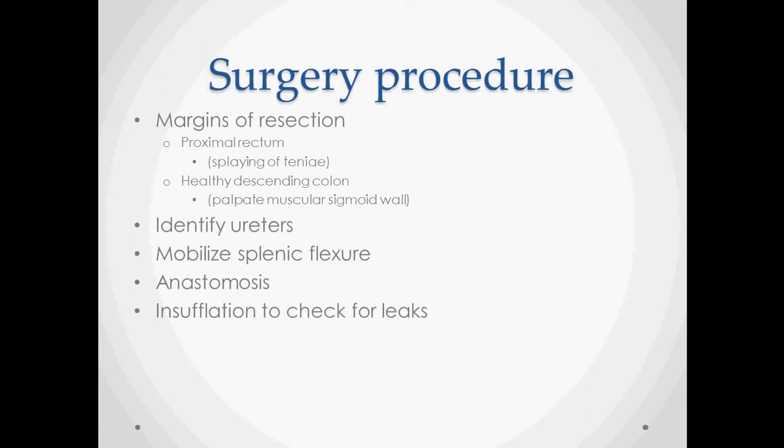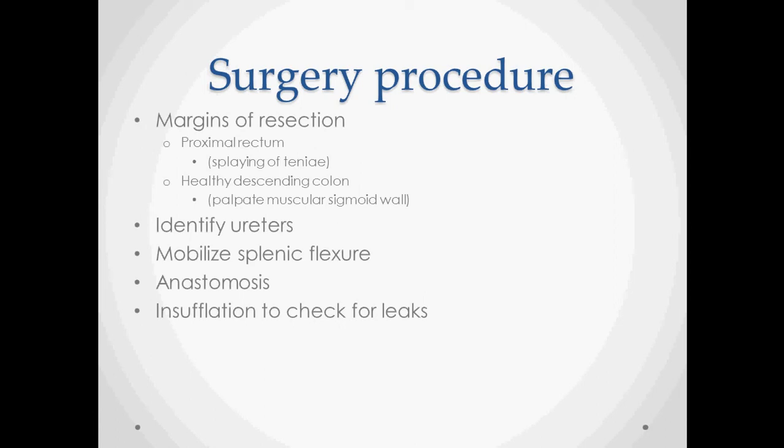The surgery can be done laparoscopically, or a portion of it can be done laparoscopically. So you go in and you mobilize the colon, and you identify the margins of the sigmoid, which you find where the taenia coli start to splay, and that's where the proximal rectum starts.